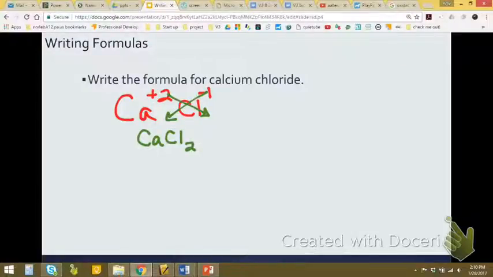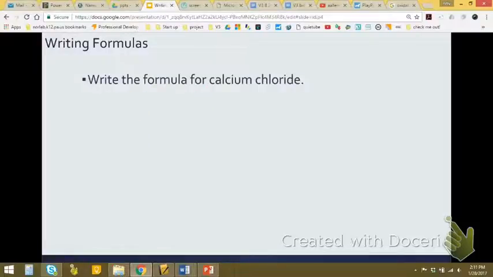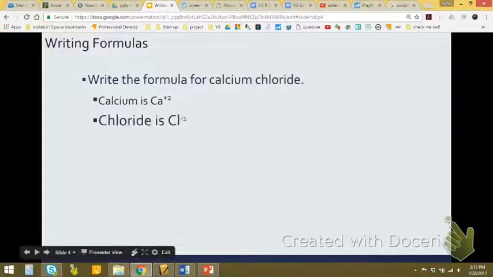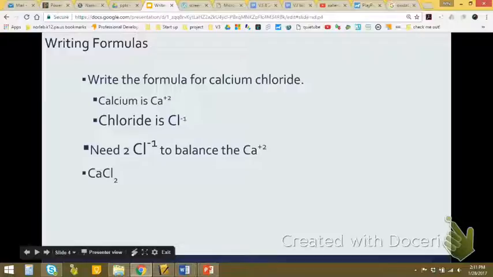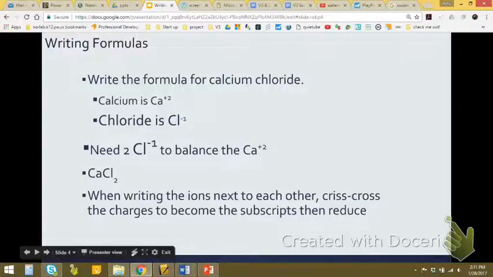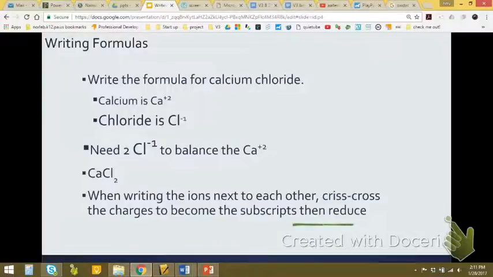So to make this a neutral compound where all of the ions balance each other out, we have CaCl2. Calcium is +2, chlorine is -1. We need 2 chlorines to balance out the calciums, so we have CaCl2. And as a reminder, when writing the ions next to each other, you crisscross the charges, and that becomes the subscripts. Sometimes you'll need to reduce, just like a fraction, and I'll show you some examples of that in a minute.